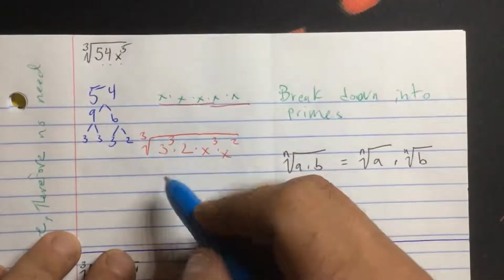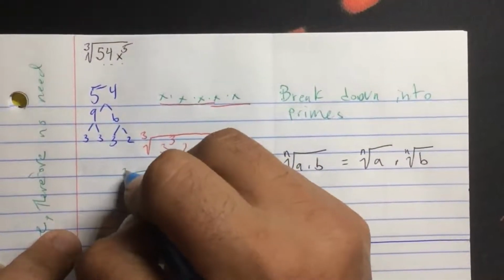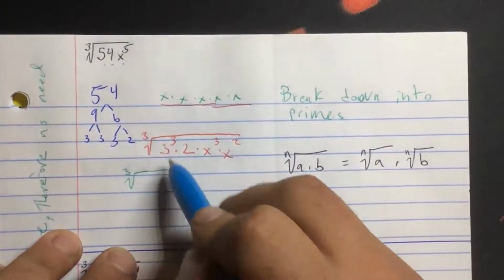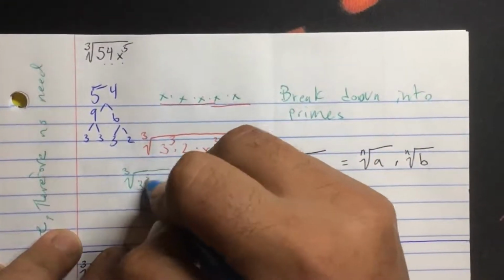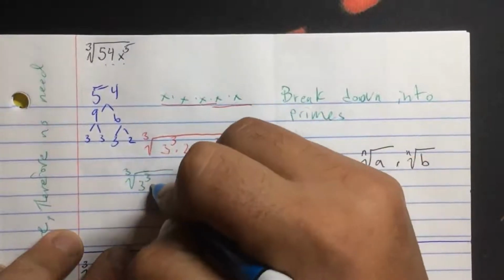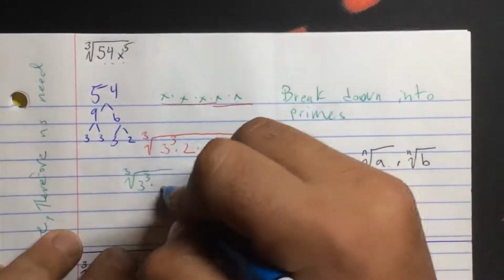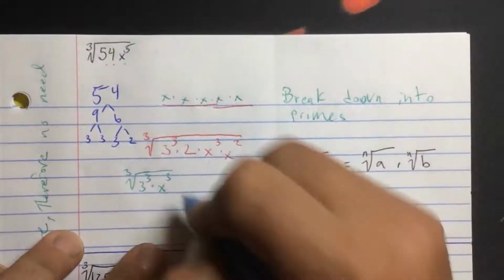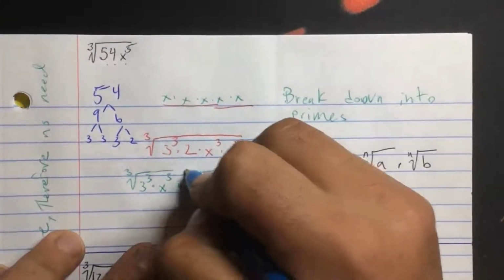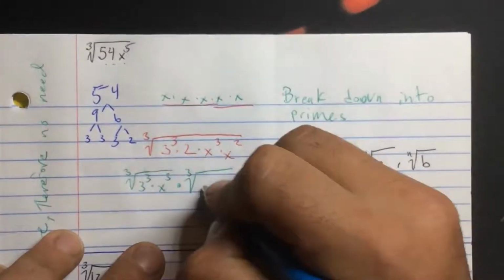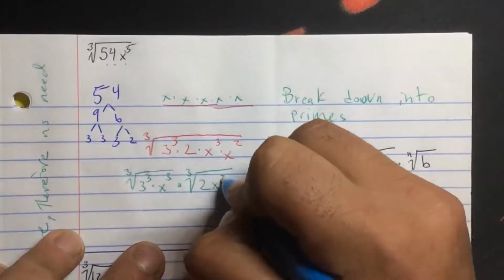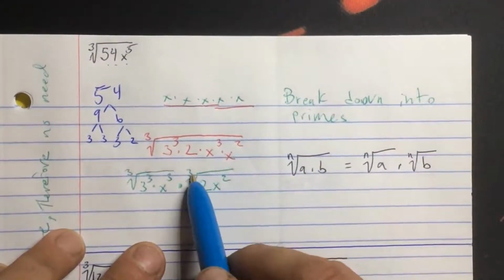So I have the cube root of 3 cubed times x cubed, and then this is going to be multiplied by the cube root of 2 and x squared. Because remember, these cannot come out, but these definitely can.